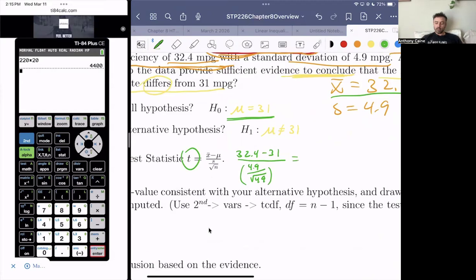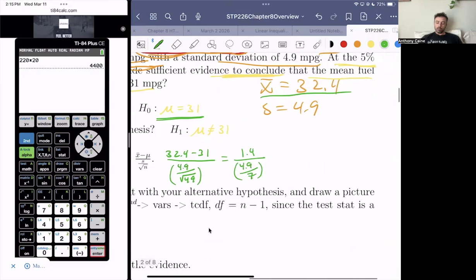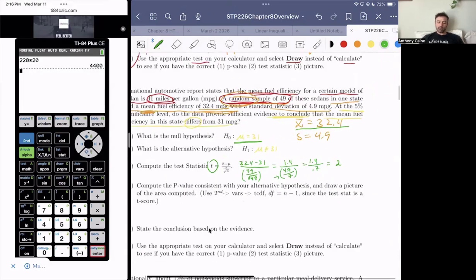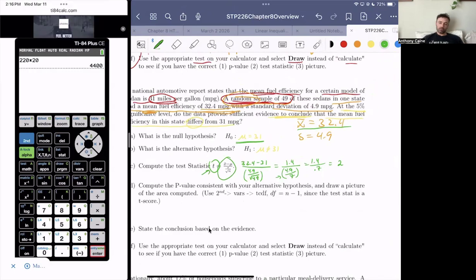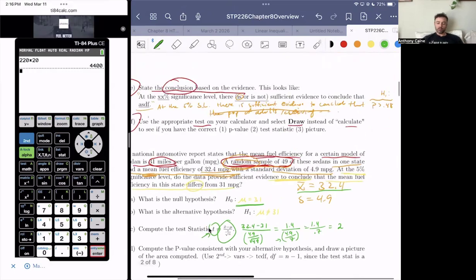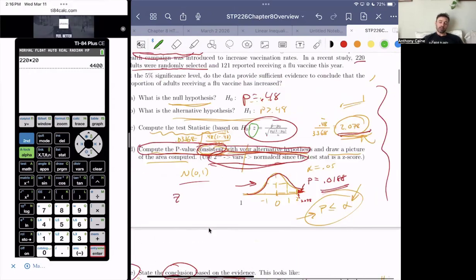Okay, fine. So what is this? This is 1.4 divided by 4.9 divided by 7. And this is 1.4, and this is like a 49 over 7, so you'll get a 7, but you have to move over a decimal. It's a 0.7. And what is that? It's 2. Okay. So we have a test statistic of 2, and the name of this test statistic is T because this quantity follows a T distribution. The last one followed a standard normal distribution, and its name is Z.